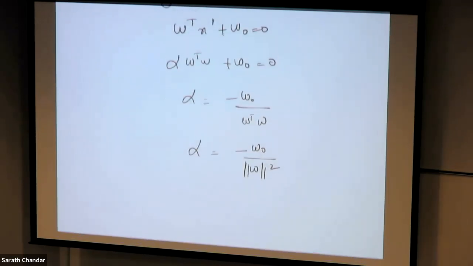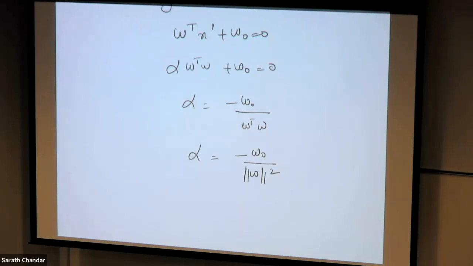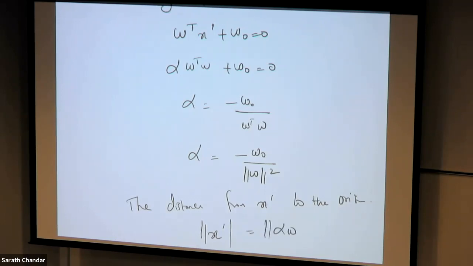Okay, so now we can compute the distance of x dash from the origin. So what is the norm of this vector x dash? Which is nothing but alpha times W. Is that clear?